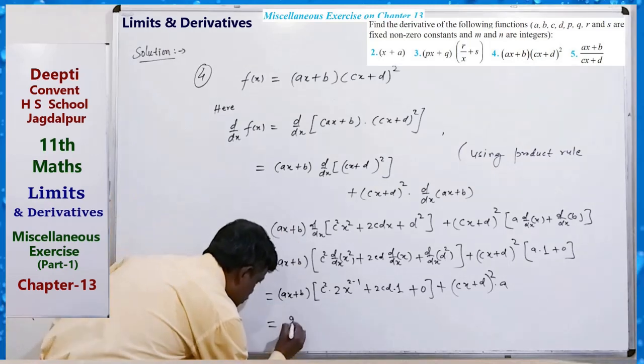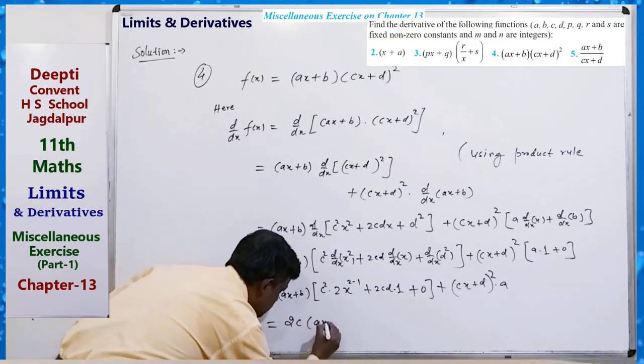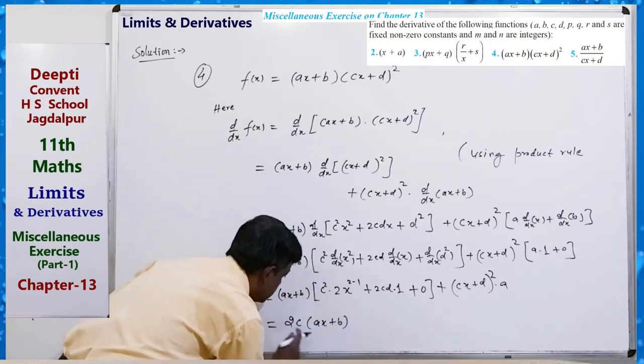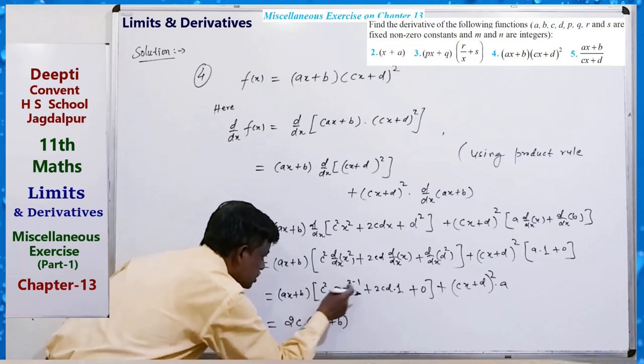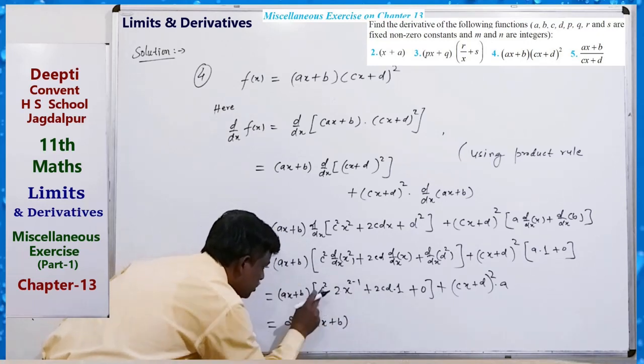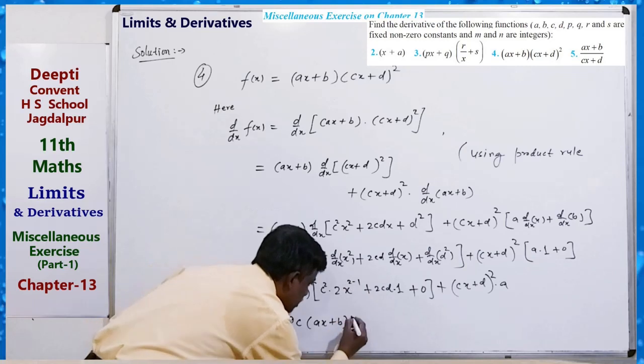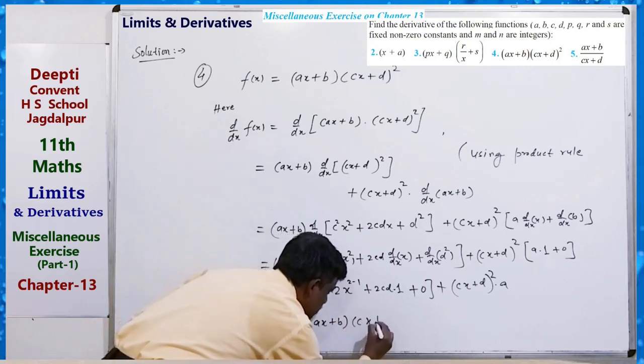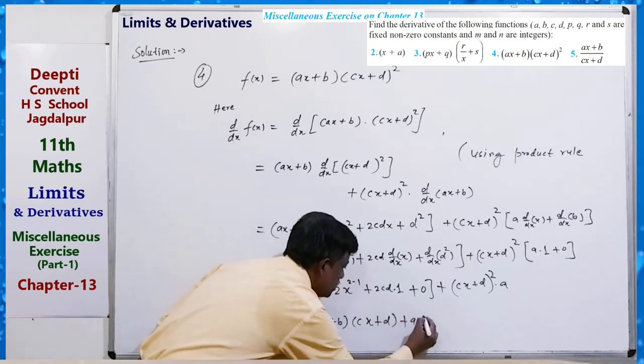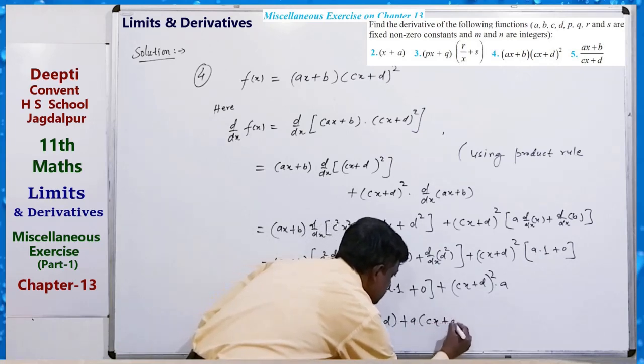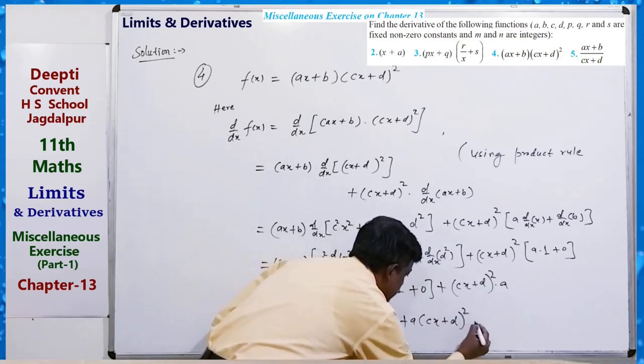Yes, 2c (ax + b) into (cx + d) plus a (cx + d) square.